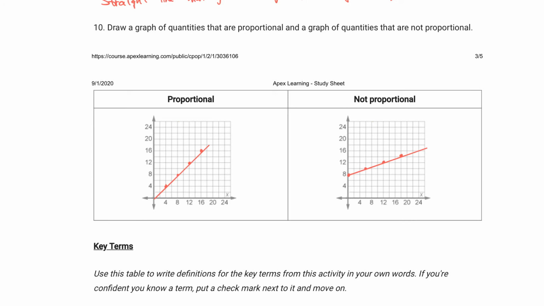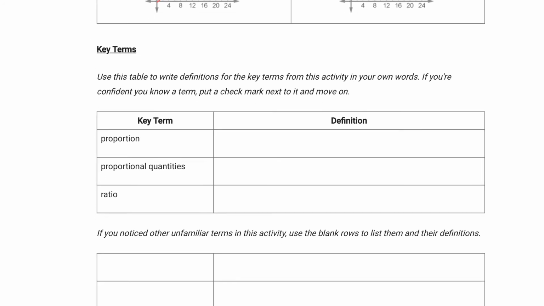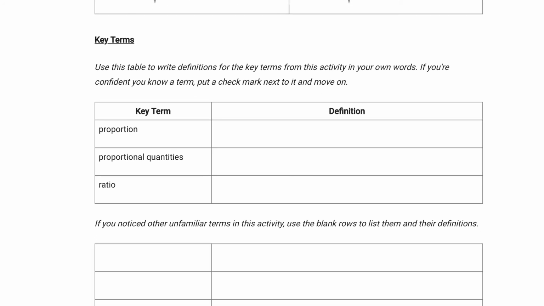Okay, let's go with our key terms here to finish this off. A proportion is an equation stating that two ratios are equal.